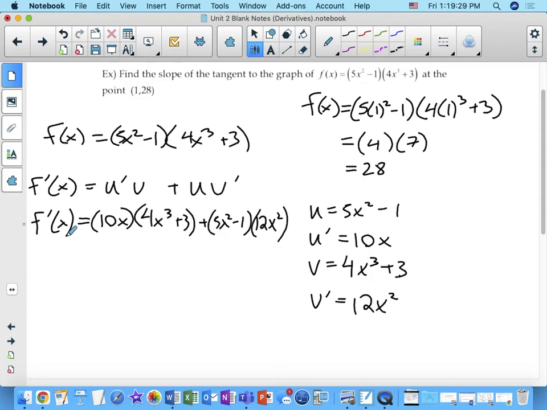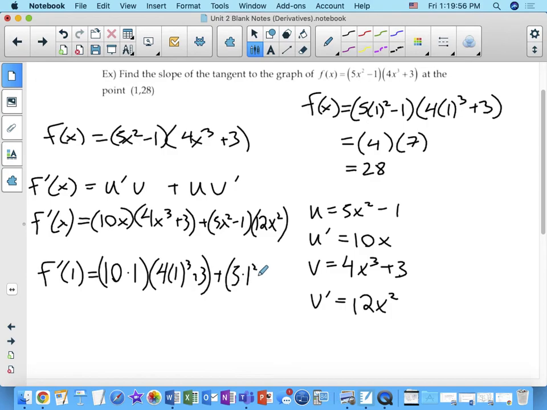So sure, you could expand and simplify. You guys have lots of practice doing that. But to answer this specific question, you actually don't need to take that step. You just need to plug in: f prime of 1 is 10 times 1 times 4 times 1 cubed plus 3 plus 5 times 1 squared minus 1 times 12 times 1 squared.